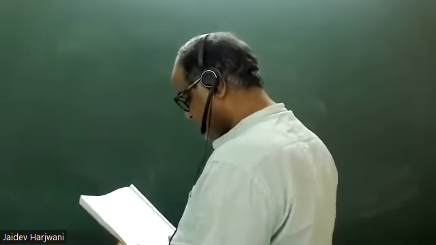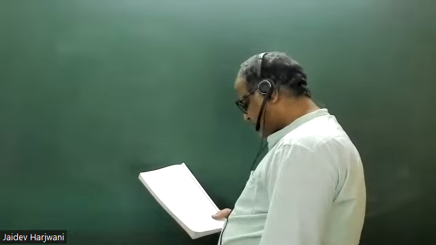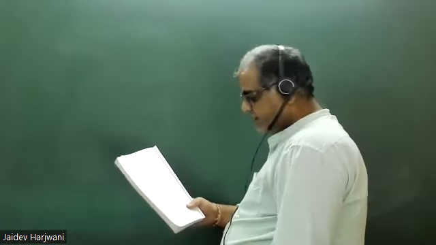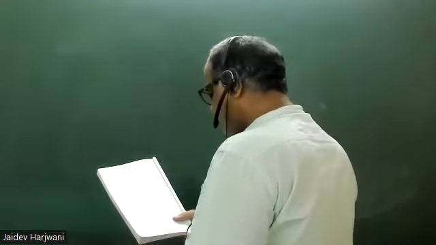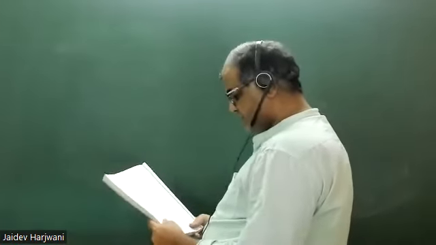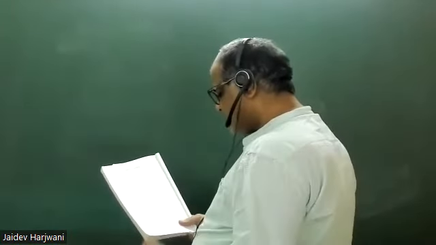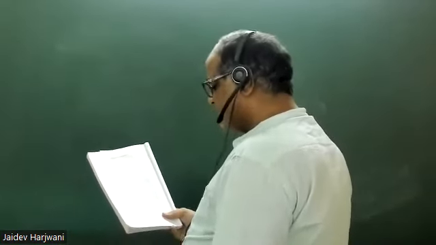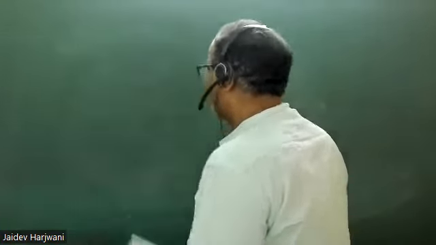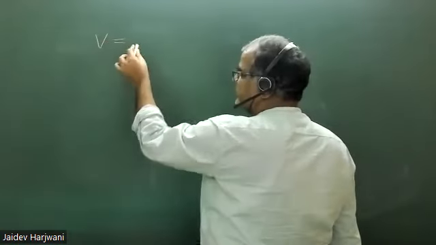Yesterday we have seen that a Josephson junction consists of two superconductors separated by a very thin insulating layer. When a DC voltage is applied across the junction, an AC current is produced, and this phenomenon is called the Josephson effect. The question: calculate the frequency of AC current produced when the DC voltage is 1.5 microvolt.